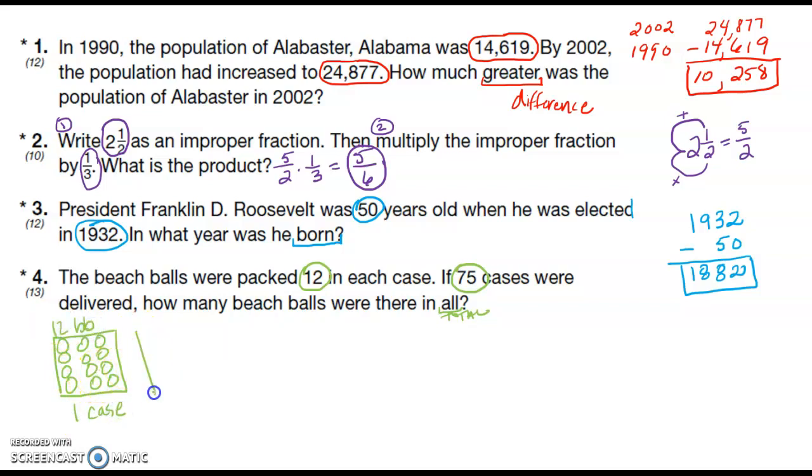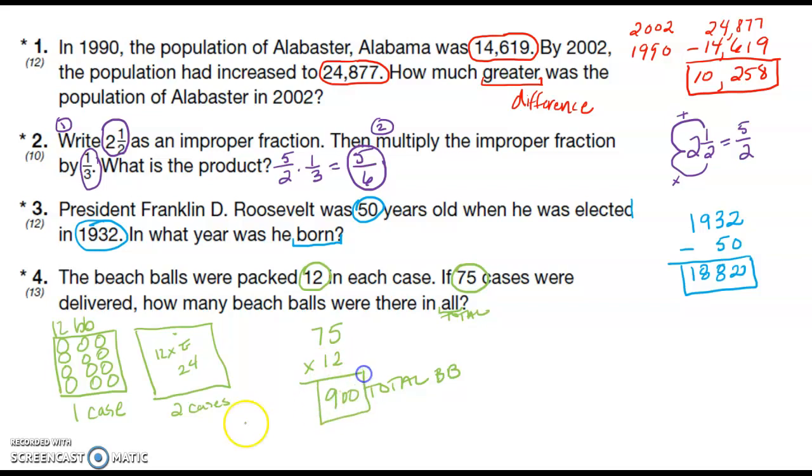If I draw another case with the beach balls, how many am I going to have? So 2 cases, I have 12 times 2, which is 24. Okay, so what I need to find out is if I have 75 total cases, I'm going to multiply it times 12 to find the total number of beach balls. Okay, so 75 times 12, 900 beach balls. Where is the party? That's awesome.